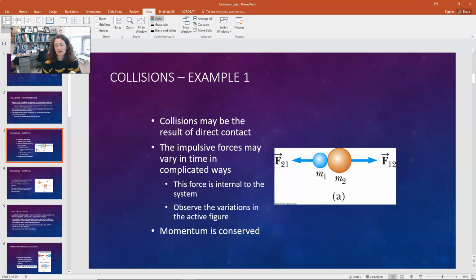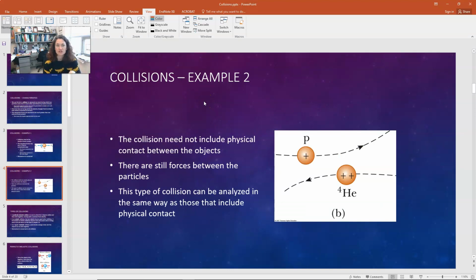And so if F external is close to 0 or 0, then F equals 0 equals dp/dt, and then p initial equals p final. Momentum is conserved. Okay? So that's the assumption that we're going to make.